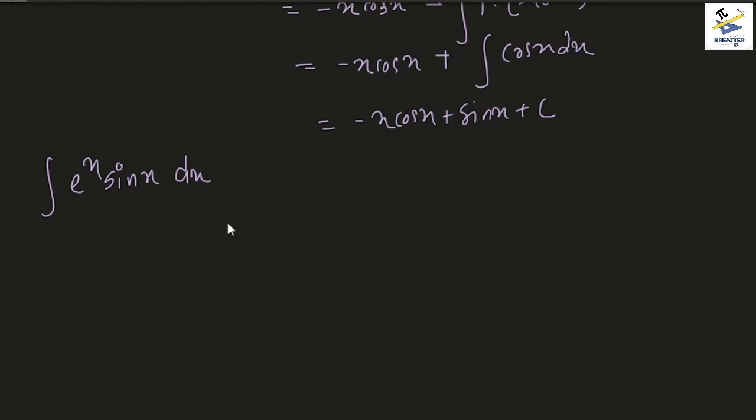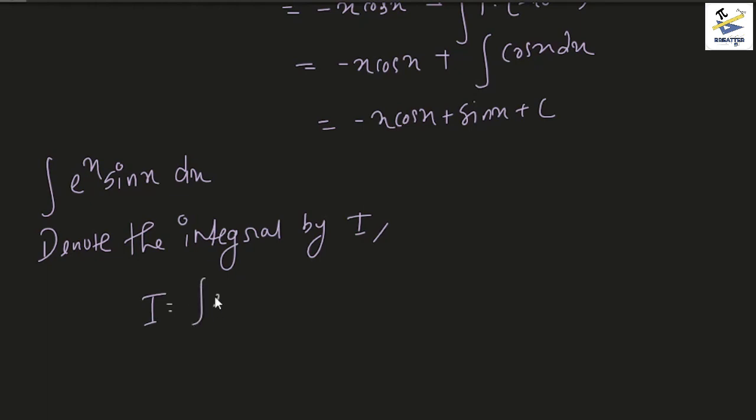Okay, let's see. Denote the integral by I. Then we have I equals the integral of e to the power x sin x dx.